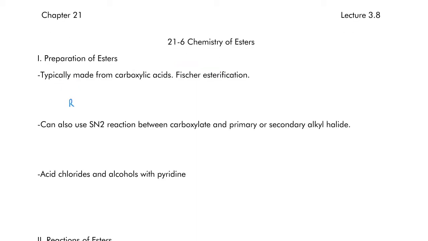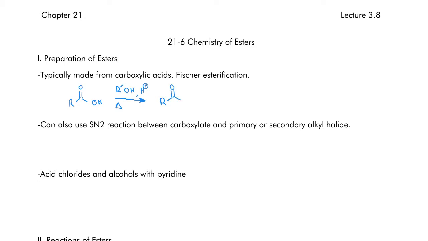So, preparation of esters. We previously learned one great way of making them is from carboxylic acids using the Fischer esterification. In the Fischer esterification, we start with a carboxylic acid and boil it in the alcohol that we want to attach, with an acid catalyst and obviously with heat because we're boiling it.